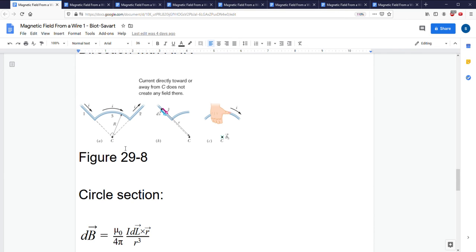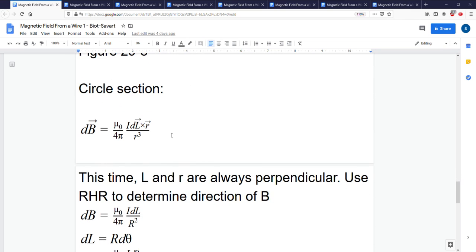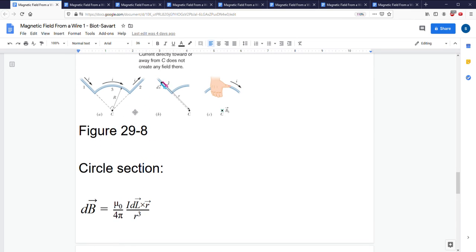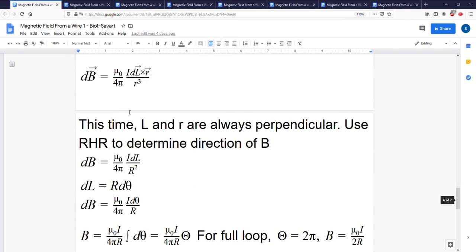But at the center point, we can rely on a few things. First is that the current and the wire are always perpendicular, or tangential, to this point, which means that dl cross r is just dl times r.